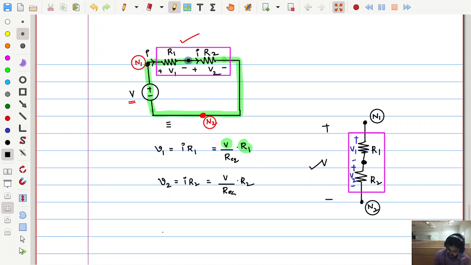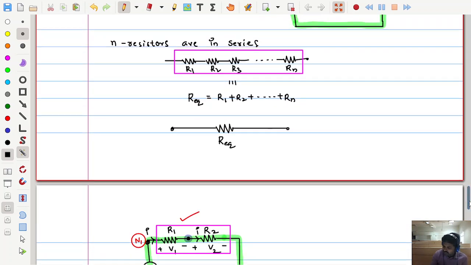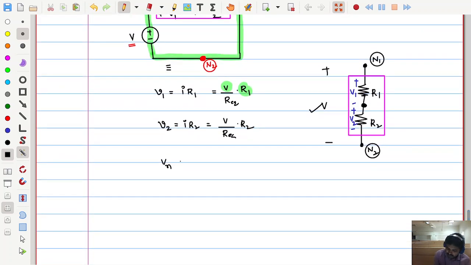So in the voltage division rule, Vn means the nth branch voltage. We may have n number of branches connected in series. If I want the nth branch voltage, I take the total voltage across the entire branch between N1 and N2.